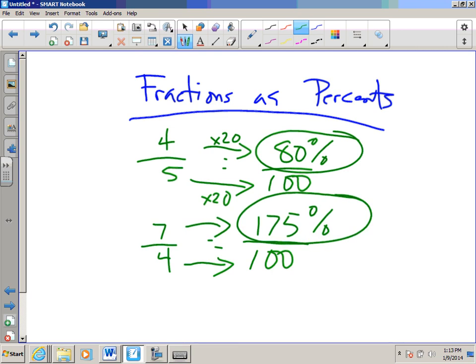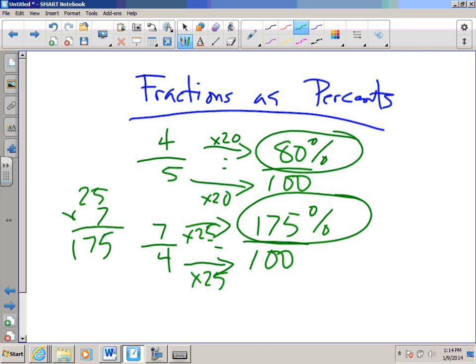Yes, ma'am. Okay, so to get from 4 to 100, I had to multiply by 25. So on the top, I got to do the same thing. So 25 times 7 gives us our 175. Okay, that's what we did.